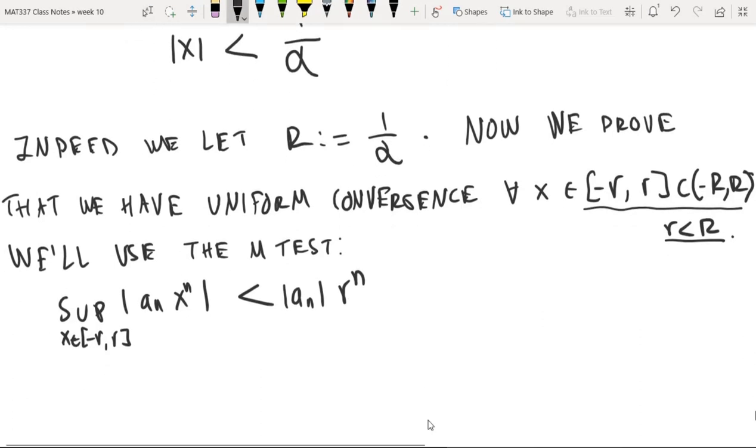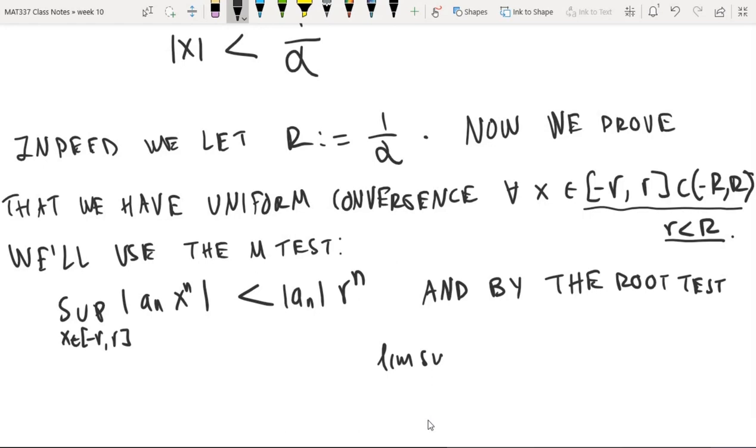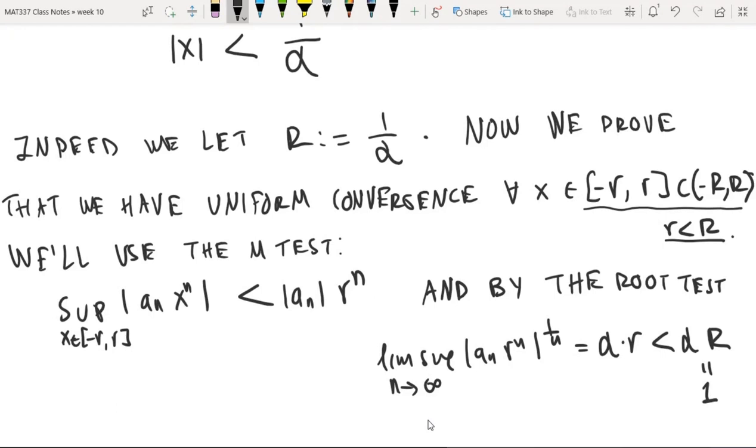And by the root test, we get that the lim sup of an r to the n, to the 1 over n, is alpha times r, and this guy is less than capital R, which is 1, right?